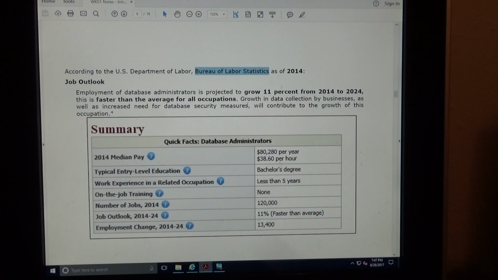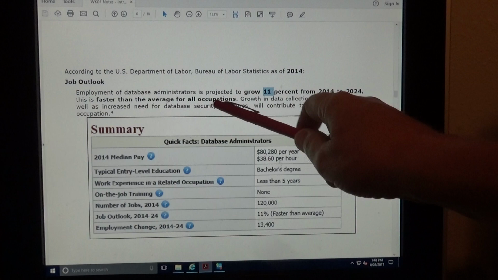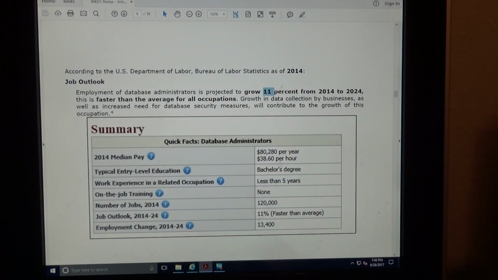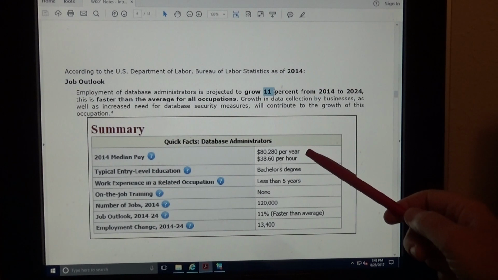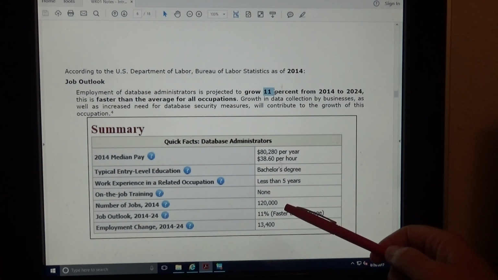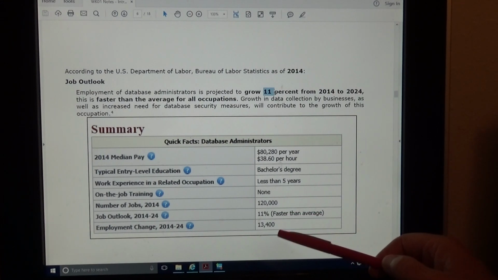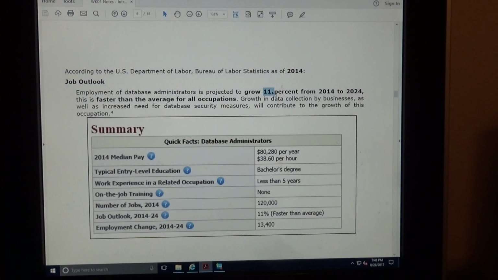For 2014 through 2024, they expect an 11% annual growth rate, which is faster than average for all occupations. So for database administrators, 2014 salary is 80,000, less than 5 years of experience required, and the job outlook and employment change look very good.